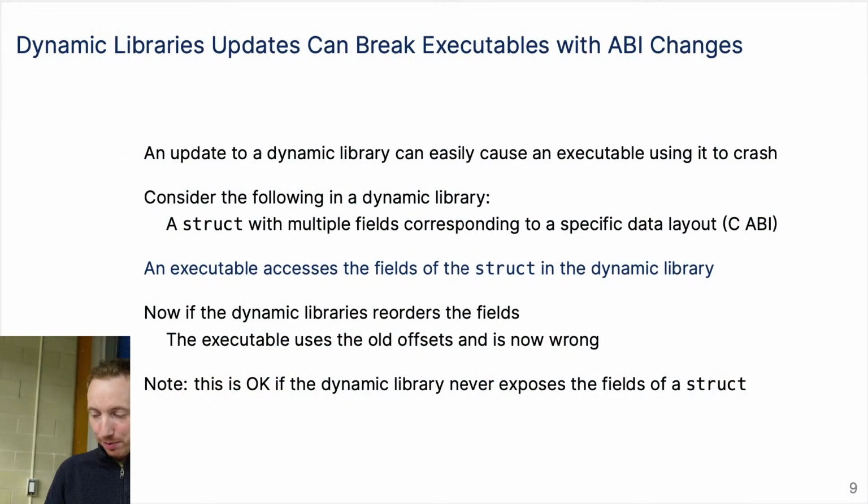Here's our example, right? Even if we change the ABI, and if we don't understand how programs are compiled, we might not understand the ABI and what actually changes it. One very common thing that will break it is just changing the order of things in a struct, right? It doesn't change our APIs or anything, but it does change the ABI, in which case anything that uses your library can suddenly break in very mysterious ways.